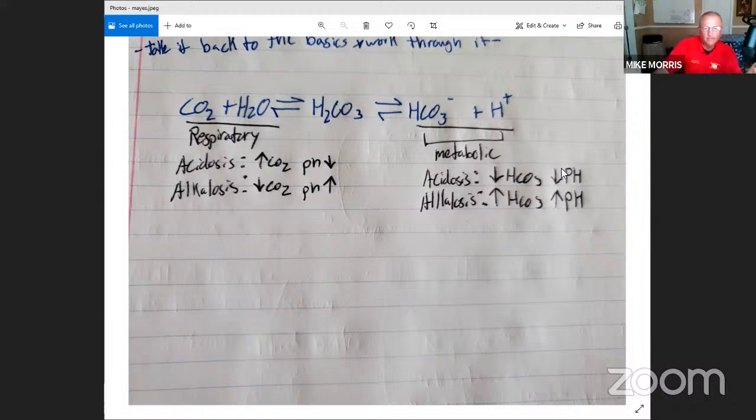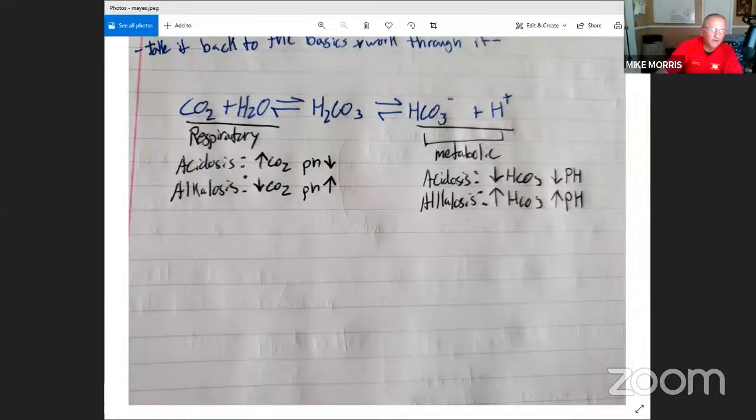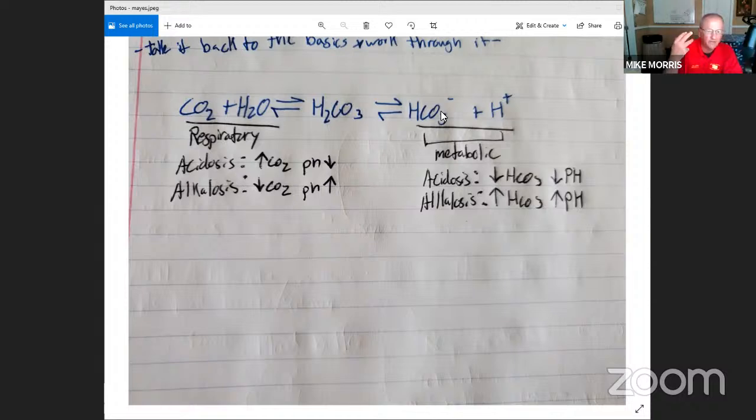So that's right. On the metabolic side, what he's done here is just show us the bicarbonate. And we talked about bicarbonate, it's Pepto-Bismol, Pepcid AC. Bicarbonate reduces acid. We take it for heartburn, we take it for acid indigestion, right?